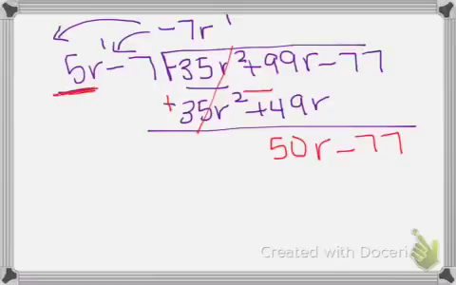We repeat through the steps, so we always do first into first. 5r into 50r, which is positive 10, and the r's would cancel. We filter the 10 through, so we'll do the 10 times the 5r and the 10 times the negative 7. We write that below.